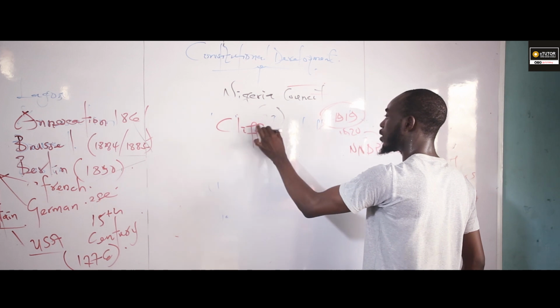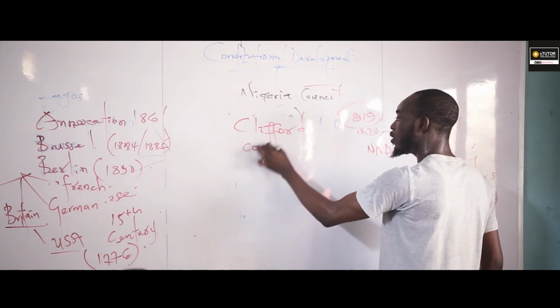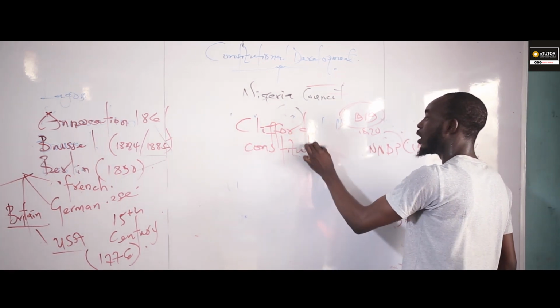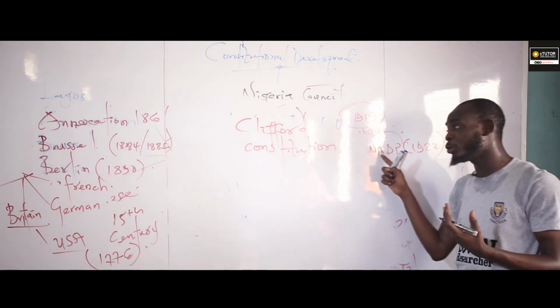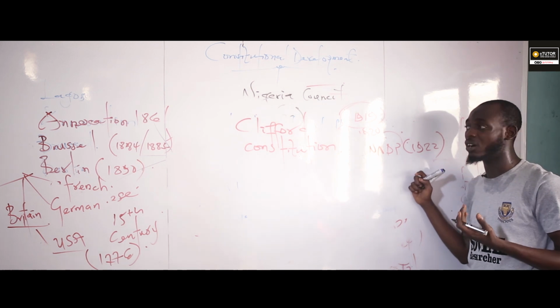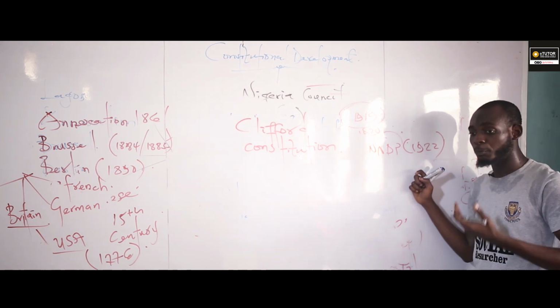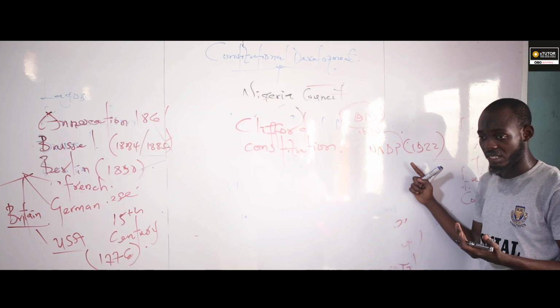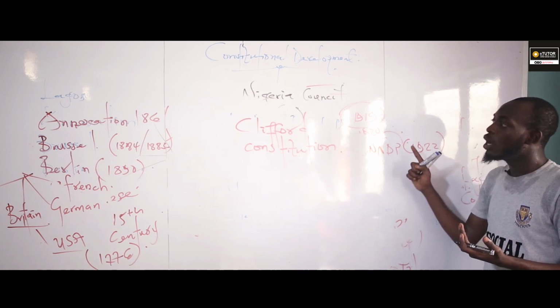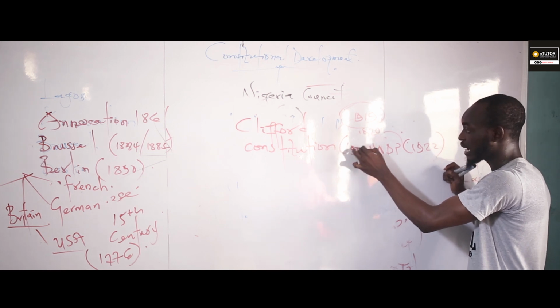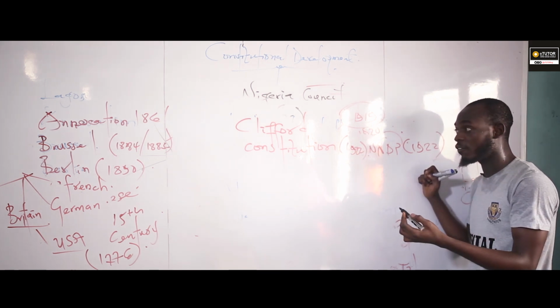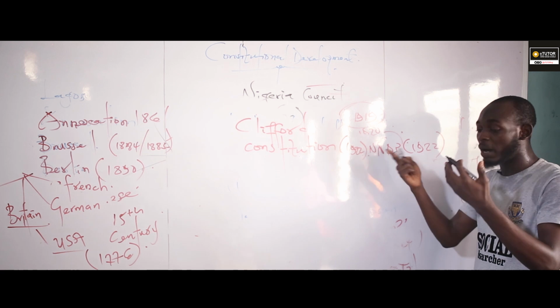After we now have the Clifford Constitution, don't forget that I said what led to it was NCBWA, the National Congress of British West Africa, the popular movement that existed in 1919. So this Clifford Constitution existed in 1922 just because we were given the chances by Winston Churchill.